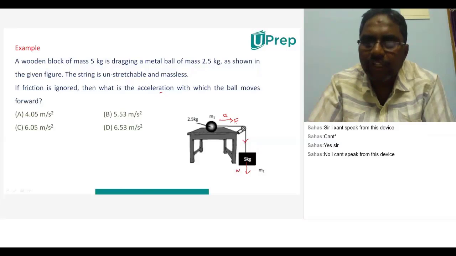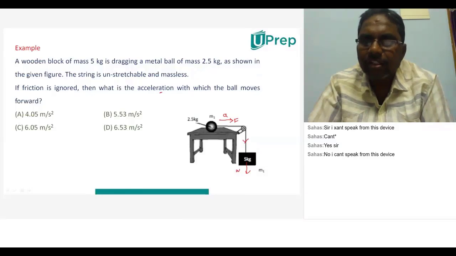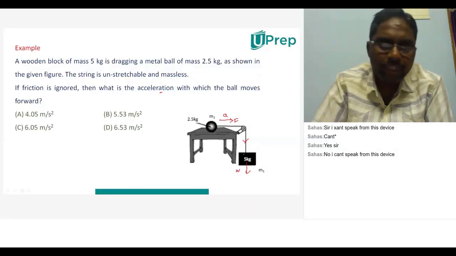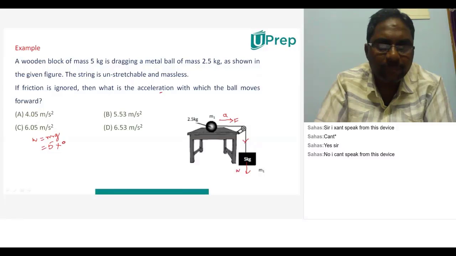In order to find the resultant force acting on this metallic ball, first we have to find how much weight will act on this object. What is the equation for weight? Weight is equal to mg, mass into acceleration due to gravity. Mass is 5, and acceleration due to gravity is 9.8 meter per second square.